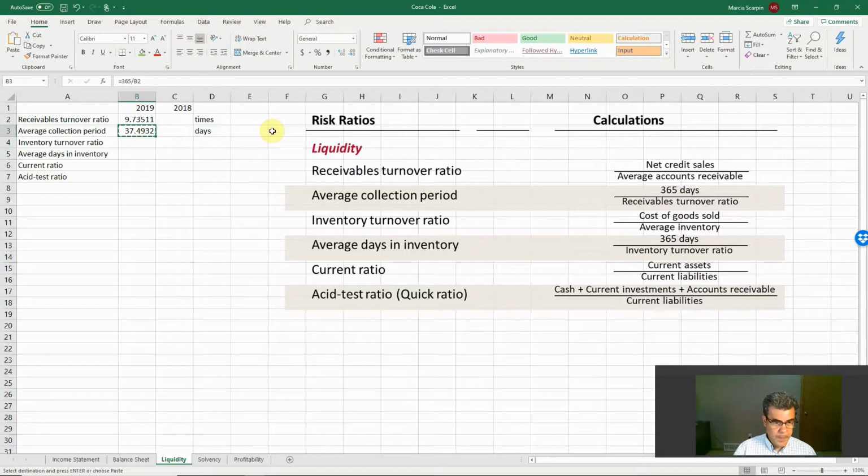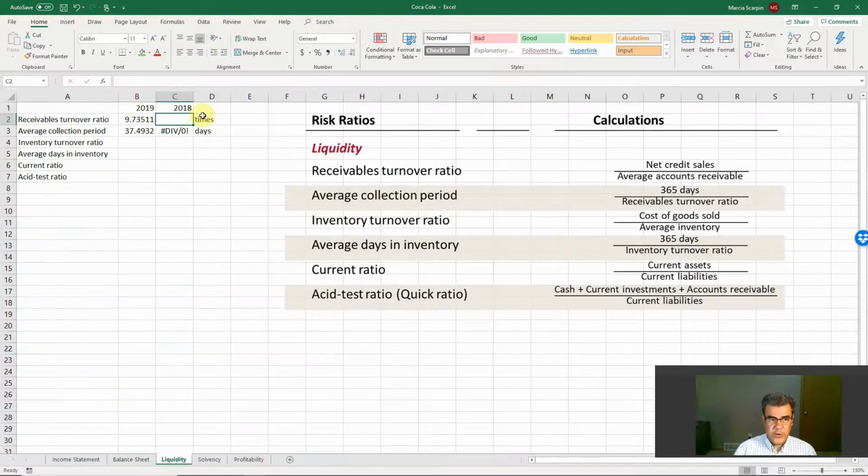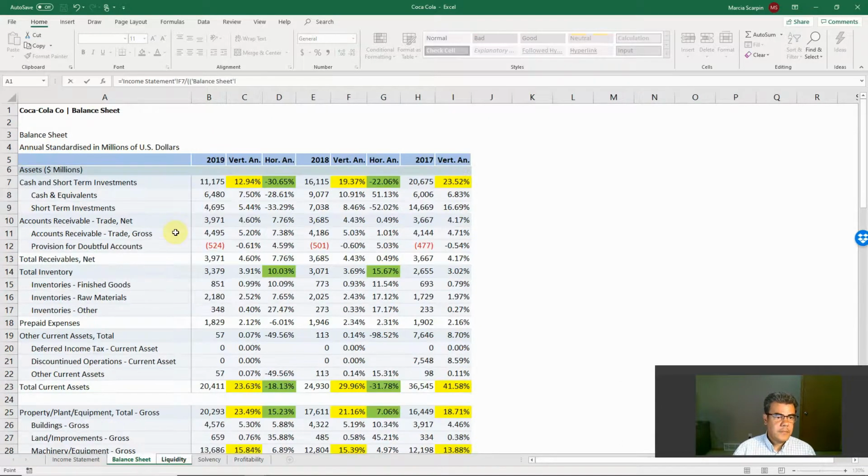Let's copy and paste this formula here. It will not be possible to copy and paste this formula because here we have the vertical analysis, so we need to do that again. 2018 net sales divided by double parentheses accounts receivable 2018 plus 2017 divided by 2.